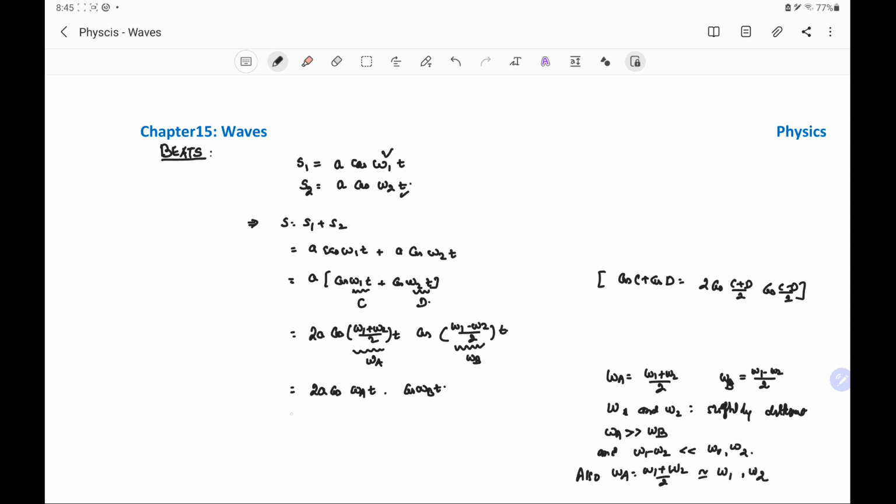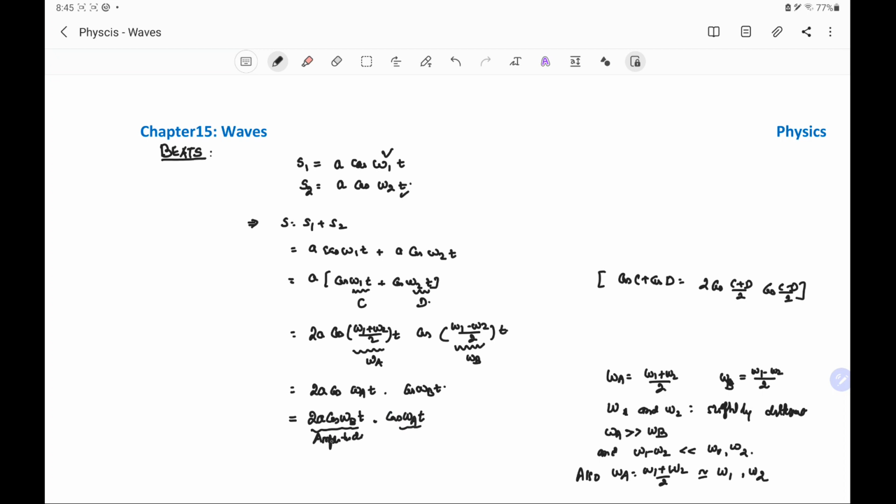Therefore, the resultant displacement can be written as 2A cos omega b t into cos omega a t. The term 2A cos omega b t is the amplitude of the resultant, and the term cos omega a t is not distinguishable from omega 1 and omega 2.